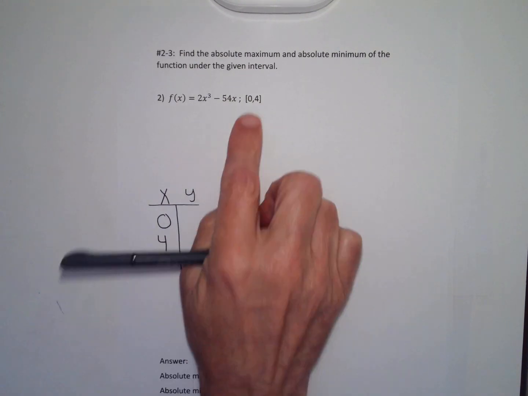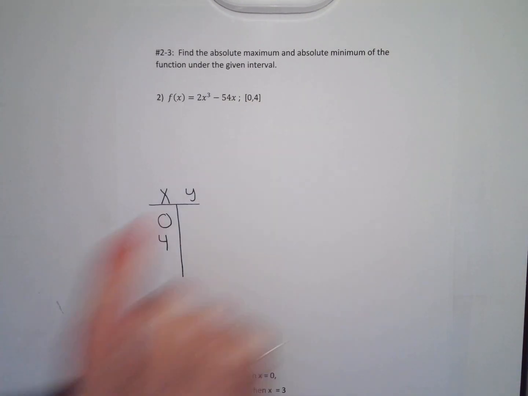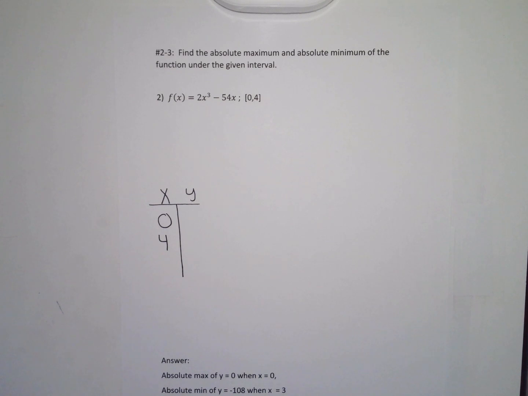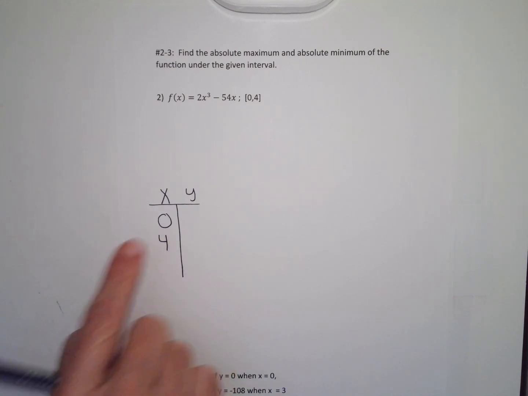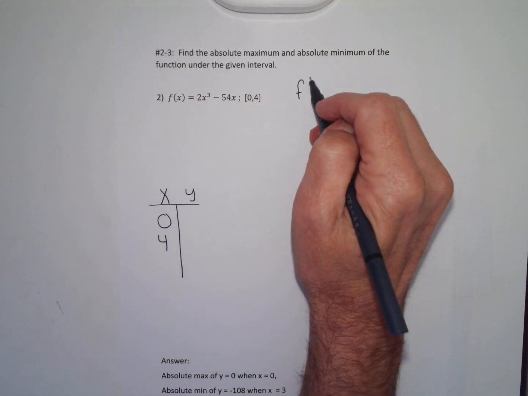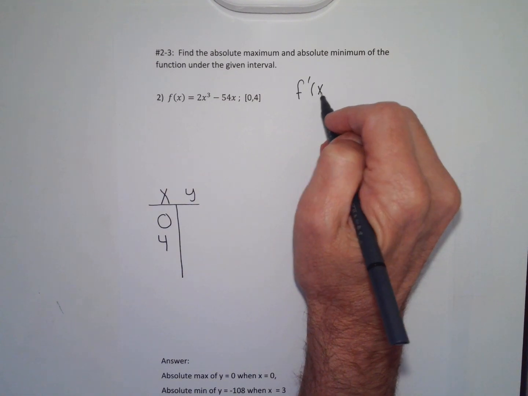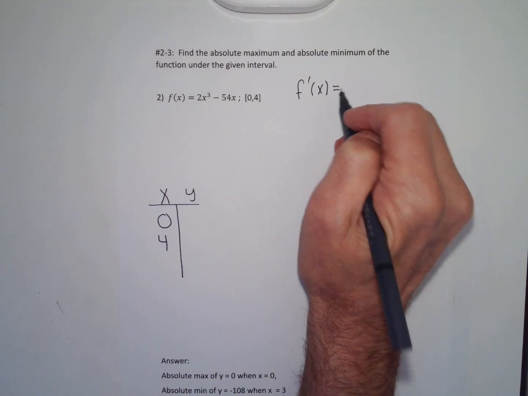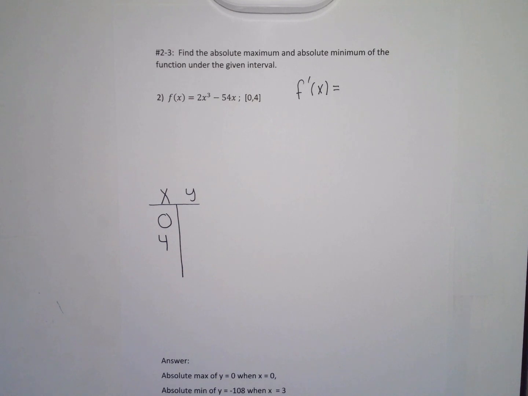Any critical number that's between the given range, I'm going to put in a table that also includes the given range. So I started off making a table, and I'm going to finish this table in terms of the x column by finding the derivative, setting it equal to 0, and any critical numbers between 0 and 4 will go in this x column.